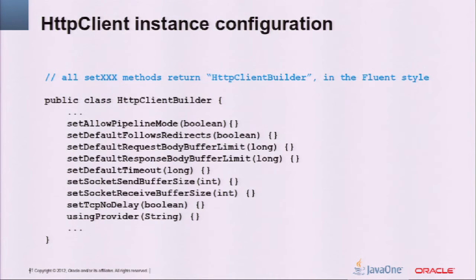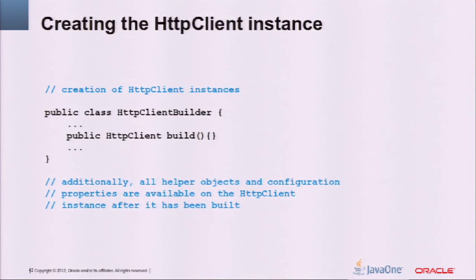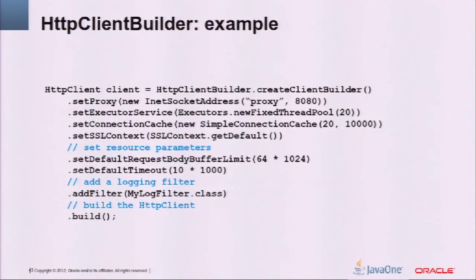So if you have somebody else's whiz-bang Linux super optimized HTTP client implementation, this is where you would ask for it. Then finally, once you've set all that up, you call build. That creates the client instance. And the client instance can then be used for multiple request response interactions, all that will share this infrastructure that you've just set up. And then all those helper objects and properties are available as accessors, as getters on the client instance.